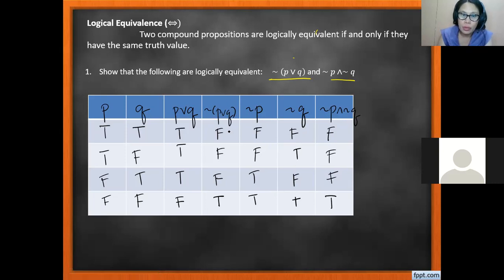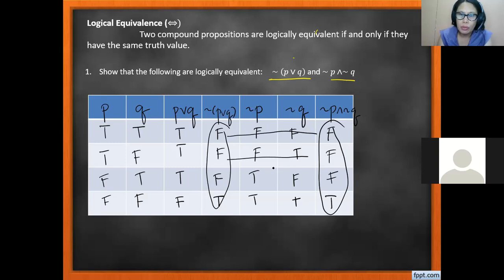So, this one and this one. They are logically equivalent if they have the same truth value. And they have the same truth value.